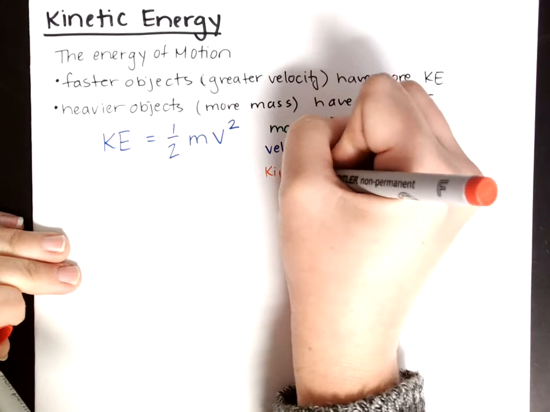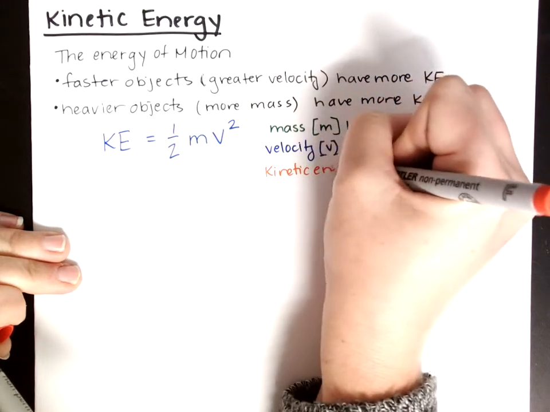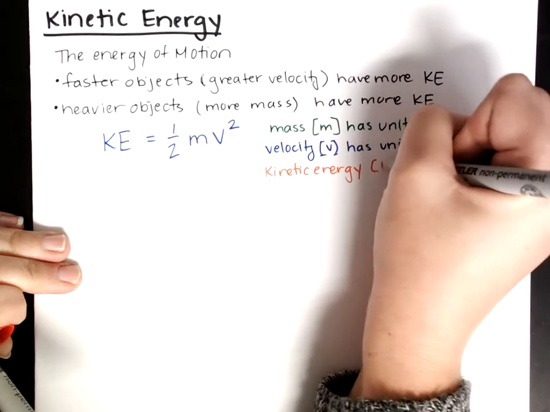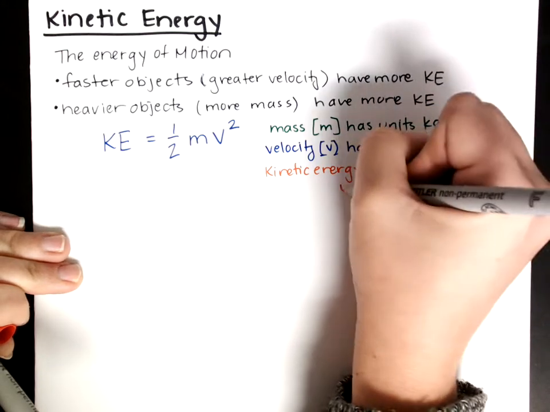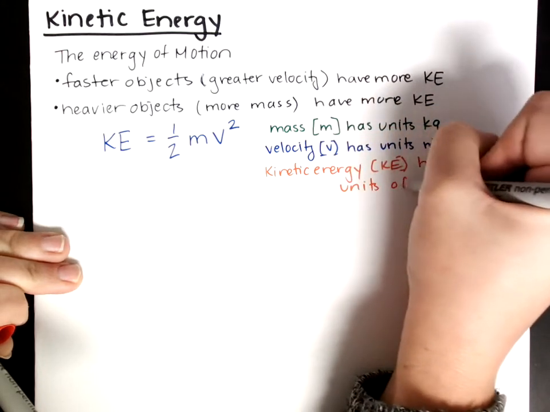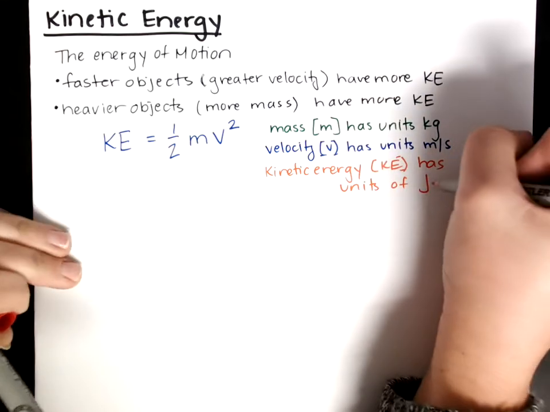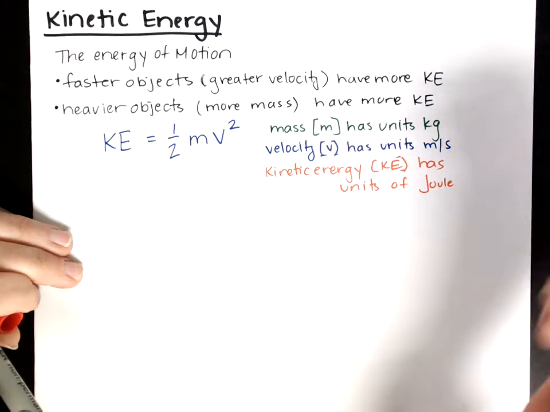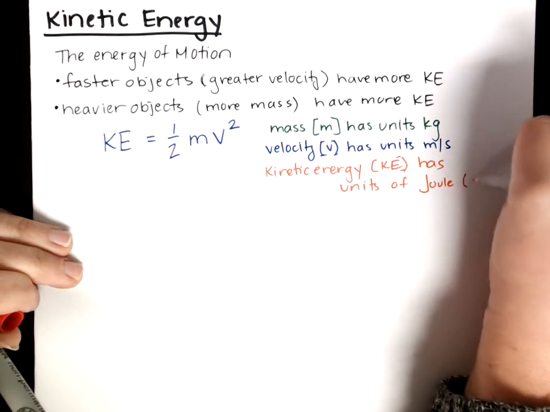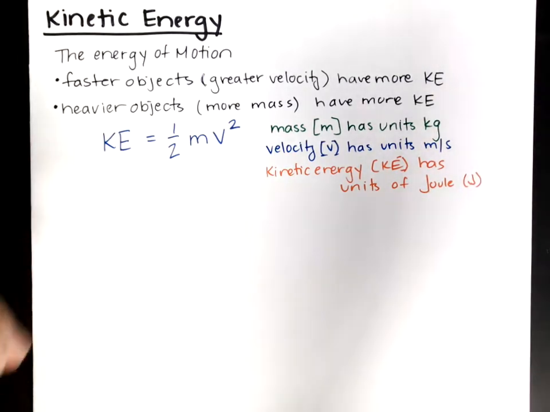And kinetic energy, KE, has units of joules. And you probably learned this in chemistry when you learned calorimetry. Joules, a capital J.